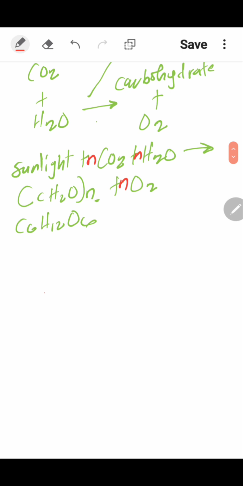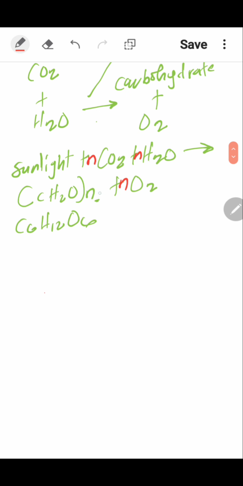Now, like I said previously, in terms of glucose, n represents 6. So this is 6 carbon, 2 of oxygen. Here we have 2 of hydrogen, 6 oxygen. So oxygen 6 plus 2 of that is 18 oxygen, 6 carbon, 2 of hydrogen, 6 plus 2 of 18 oxygen.